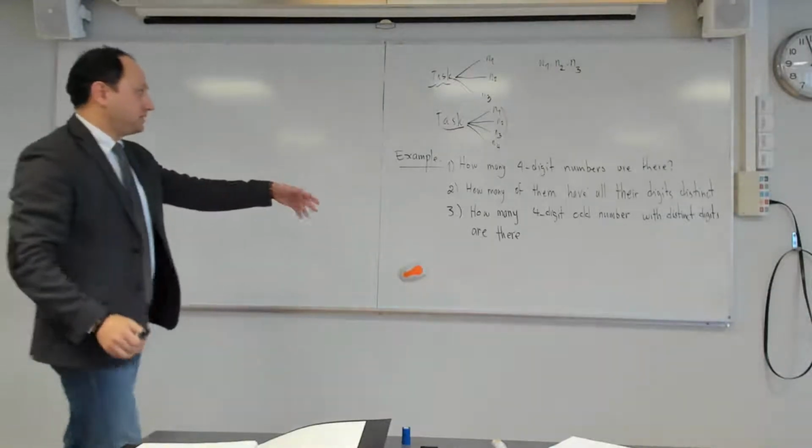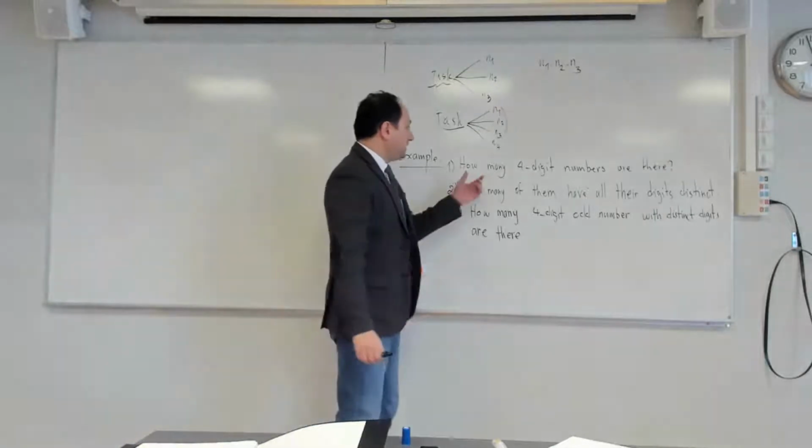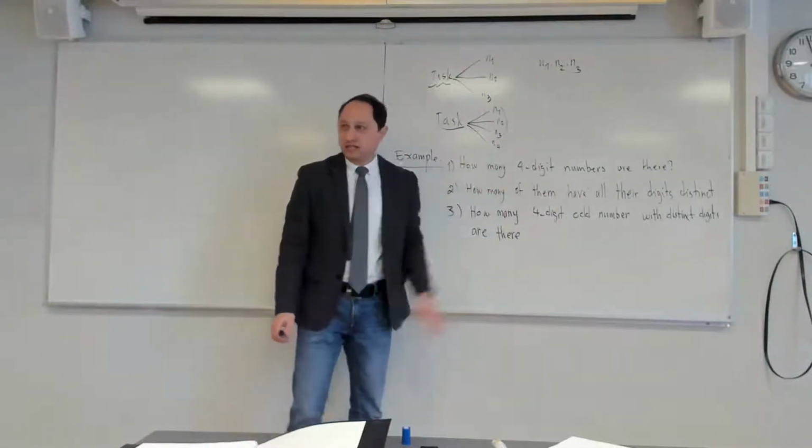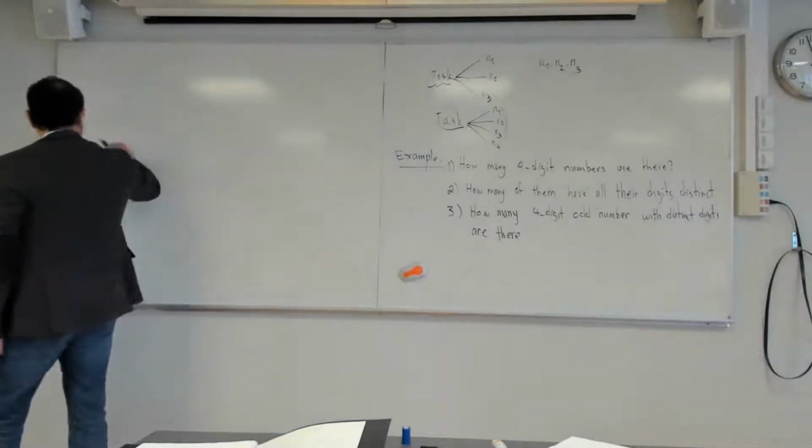Okay, so this problem is very simple. Let me solve it for you. But this is very common in combinatorics. You really don't need to write all these details, even though you have to think about that.